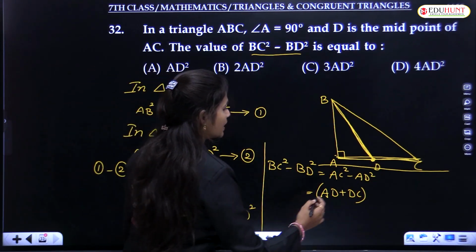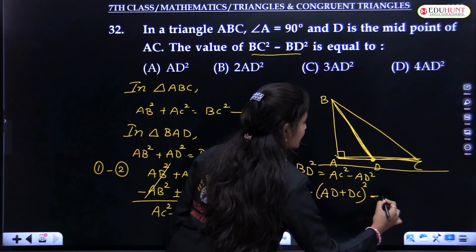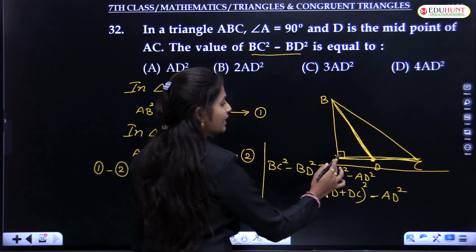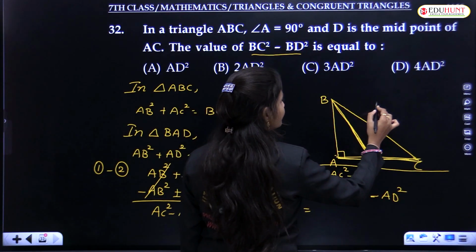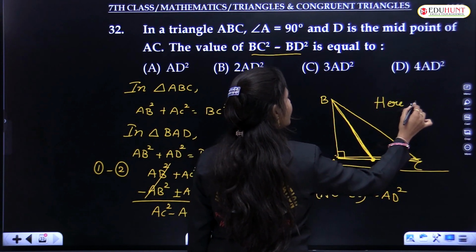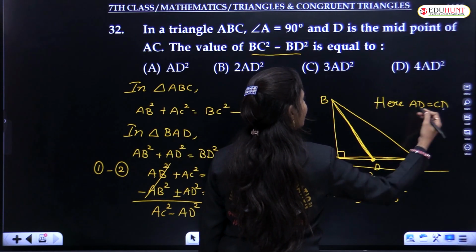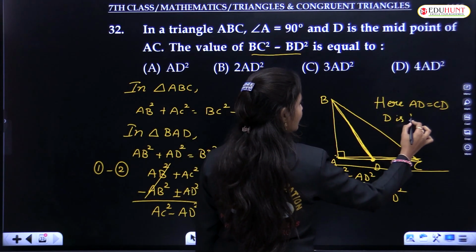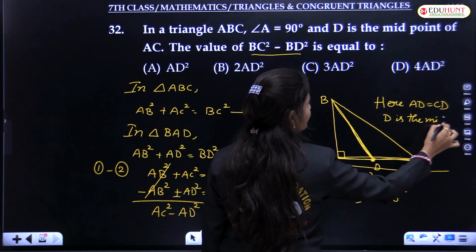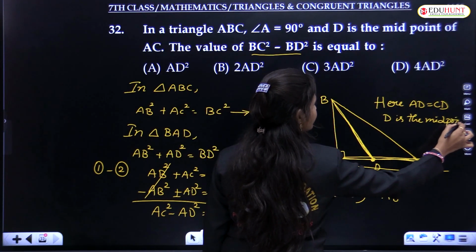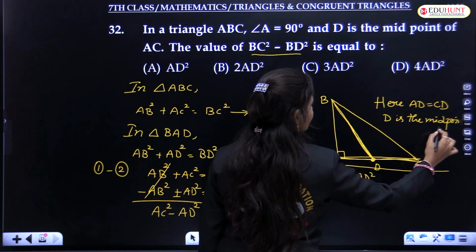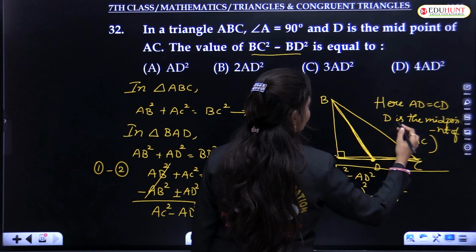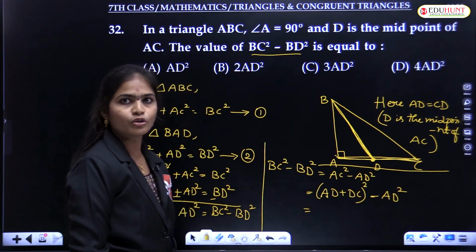So AD plus DC whole square minus AD square. And we know that AD is equal to CD. Why? Because D is the midpoint of AC. That is given in the question only, no?